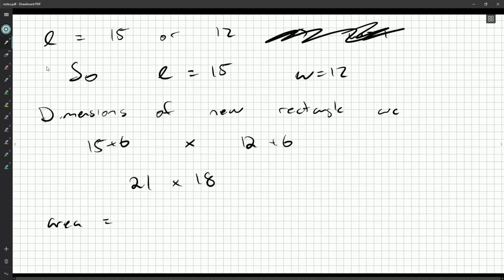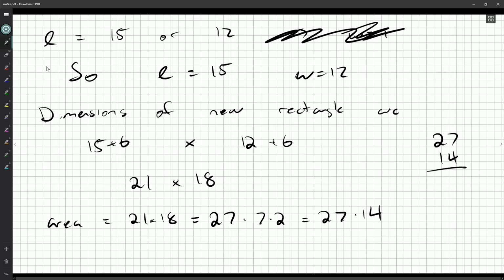So the area will be 21 times 18. I'll take out 3 factors of 3, which would be 27 times 7 times 2, so that's 27 times 14. Of course, remember we have to do this without a calculator. 8 carry 2, 10, and then 270, so it'll be 378.